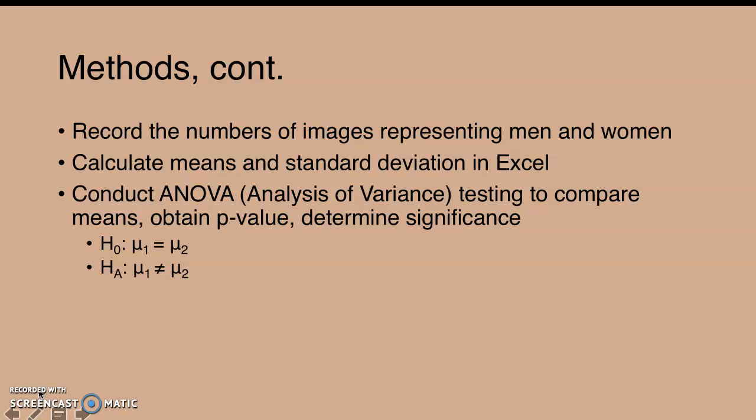So I'm working off of the null hypothesis that there is no difference between the means. So mean 1 is equal to mean 2, and then of course the alternate hypothesis would be that there does exist a difference between these two means. In other words, that the gender representation is not 50-50 balance between the sexes.